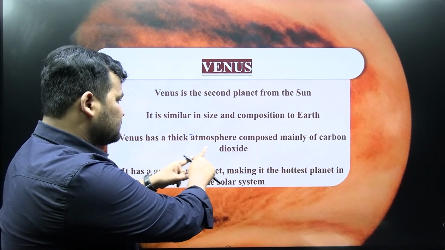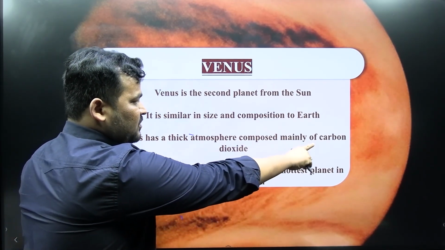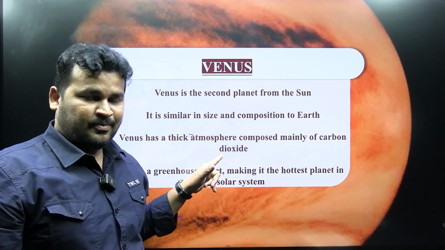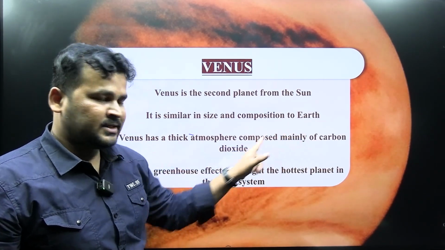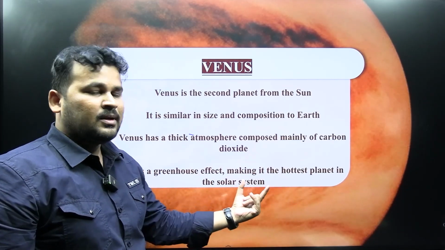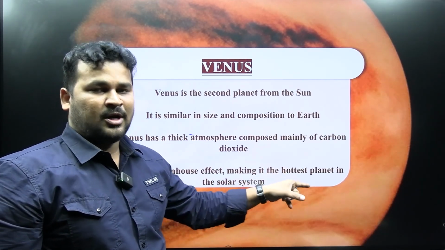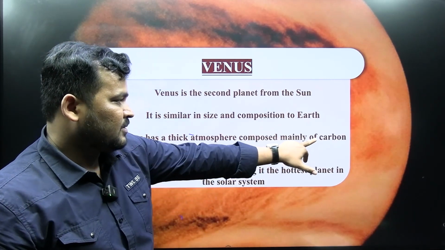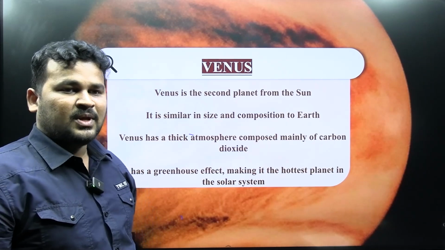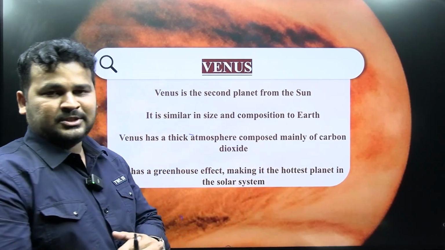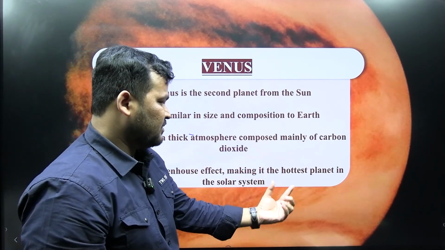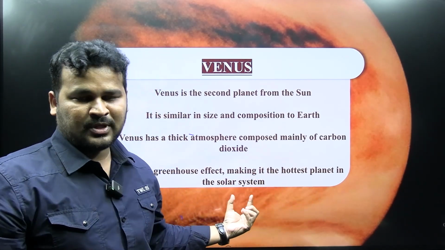As we see, Venus has a huge amount of carbon dioxide. Carbon dioxide is responsible for the increase of temperature on the planet. That's why, due to the presence of carbon dioxide, Venus is the hottest in the solar system.